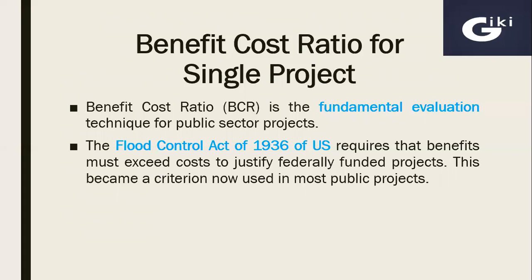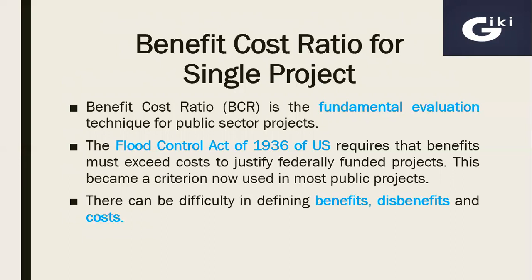There are several variations of the benefit cost ratio. However, the fundamental approach is the same. All costs and benefits must be converted to a common equivalent monetary unit, for example in terms of present worth, annual worth, or future worth at the discount rate.